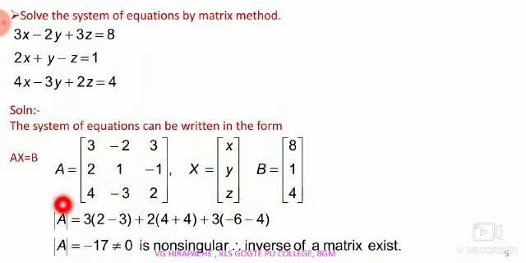Let the determinant of A be evaluated along the first row. 3 into (1 times 2 is 2, minus 3) plus, minus of minus 2 becomes plus 2 into (2 times 2 is 4, minus of minus becomes plus 4), and plus 3 into (2 minus 3 is minus 1)... 6 minus 4 gives minus 6 into minus 4. Therefore, the determinant of matrix A is equal to minus 17, which is not equal to 0, so it is called a non-singular matrix. Therefore, the inverse of the matrix exists and the solution is unique.